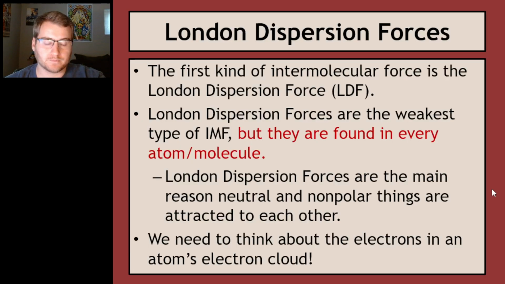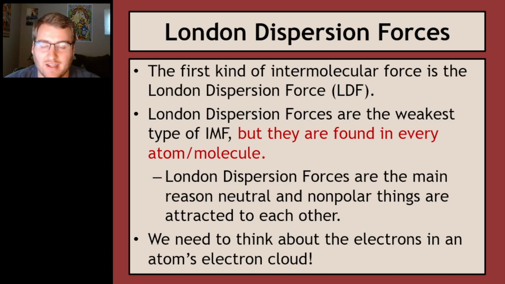Okay. The first kind of intermolecular force we're going to learn about is called the London dispersion force. You'll see it abbreviated a lot, capital LDF, London dispersion forces. Now, they are important. They are the weakest type of intermolecular force. Usually, we'll talk about the comparisons later, but usually they're considered the weakest type. But every single atom or molecule has London dispersion forces.